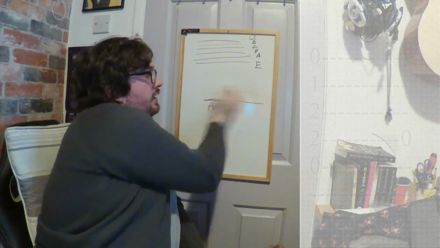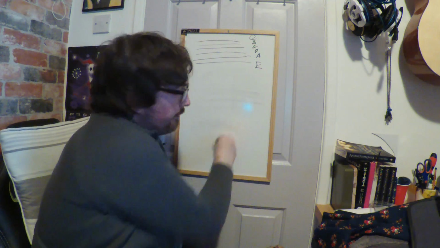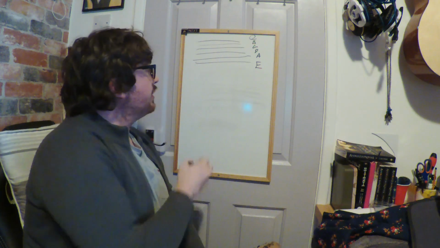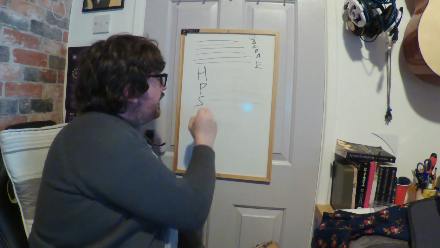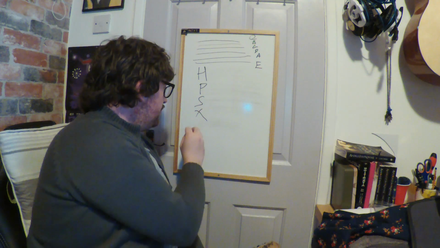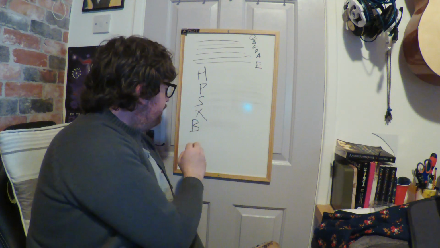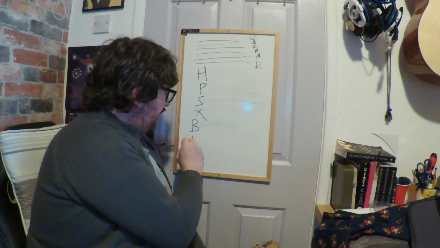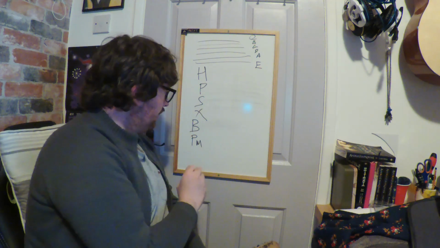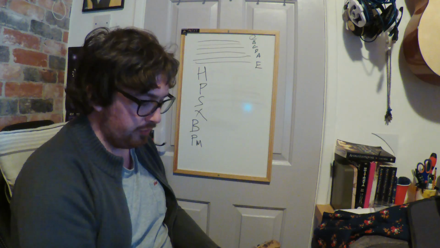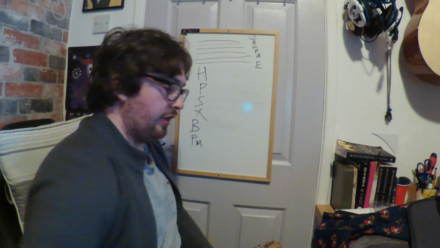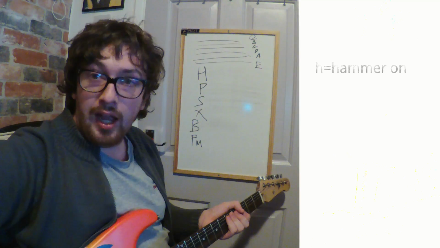Going from that, there are little things on tab that should be noted. They are H, P, S, X, B, P, M, and that's all of them. I think those are all of the most common ones you would come across. H is a hammer on.